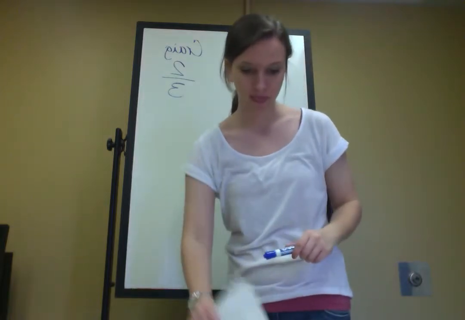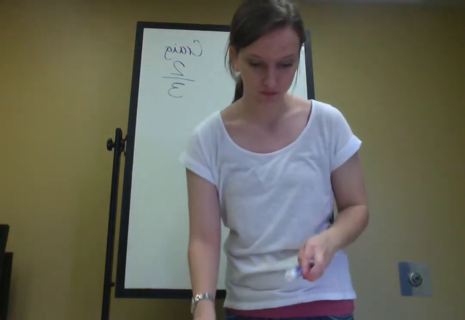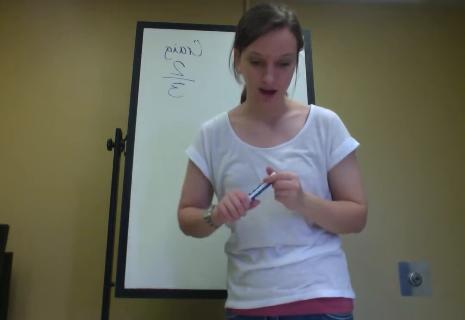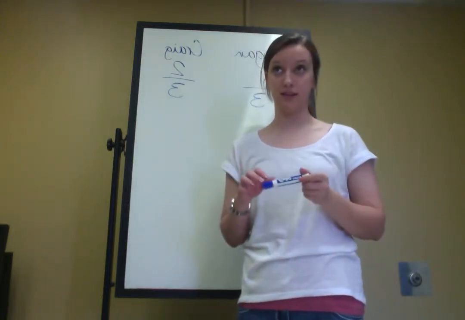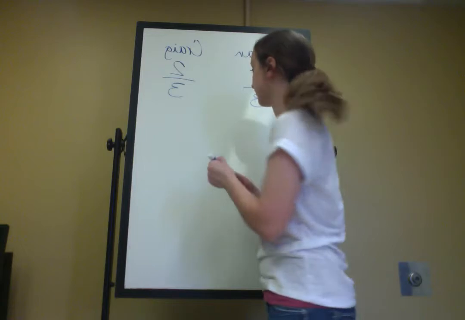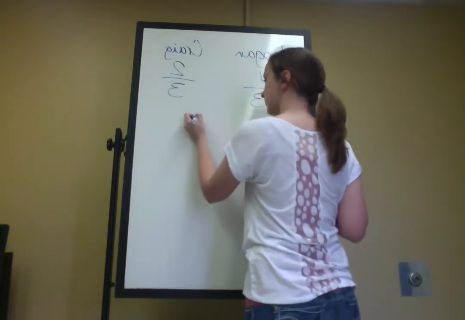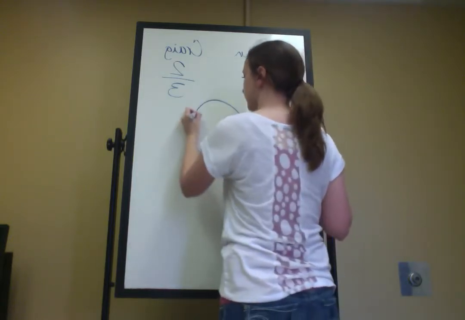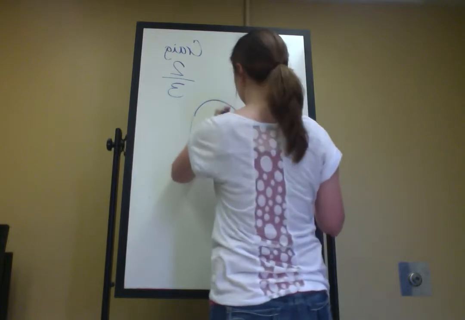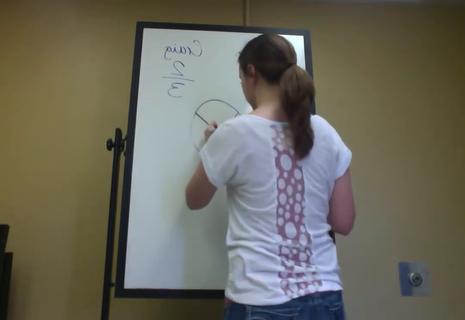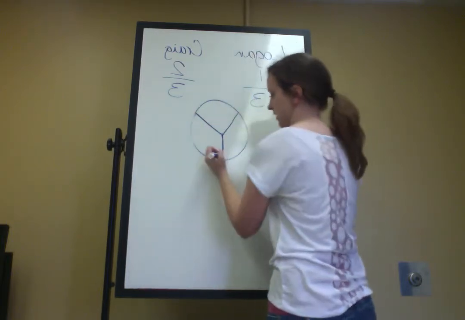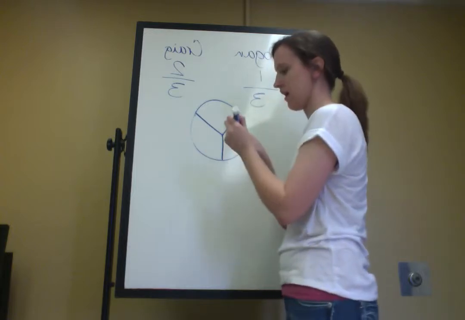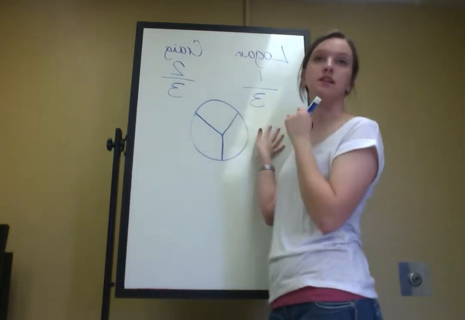Okay. So, now let's draw the pizza, okay? So we have a circle, and we're going to divide it into thirds. Okay? Now, how much of this did Logan eat?